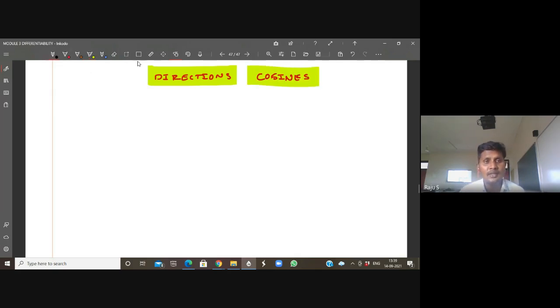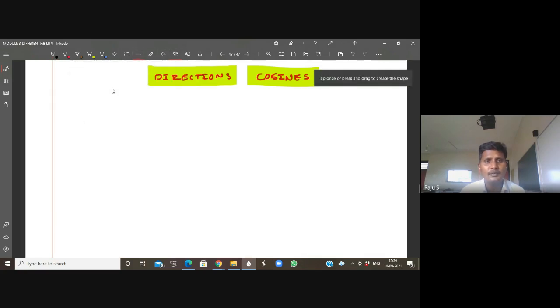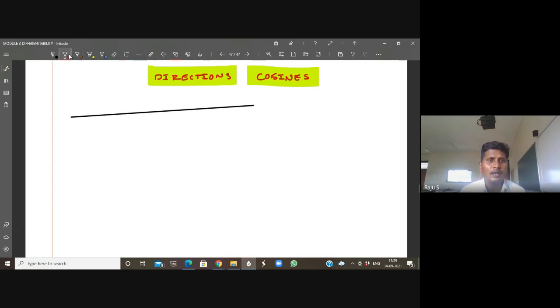Very simple, students, when two different points are given. Let us take this point A as x1, y1, z1, and the point B as x2, y2, z2.